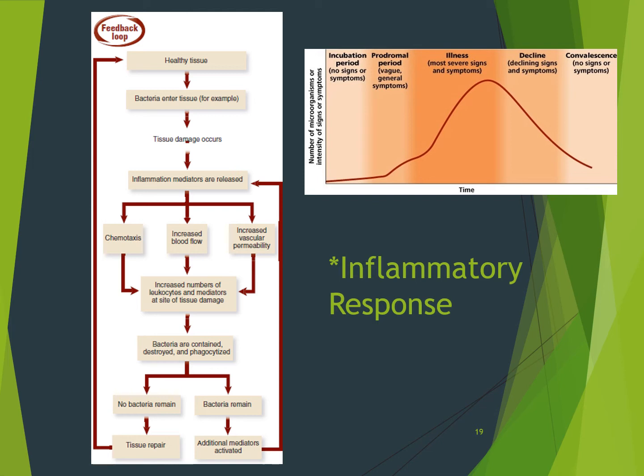Those white blood cells, like our eosinophils and our neutrophils and our macrophages, they're going to be phagocytizing those foreign invaders, whether it's a bacteria or a virus of some sort, until it is all cleared up and no more invader is present, and then the process will come to a halt.